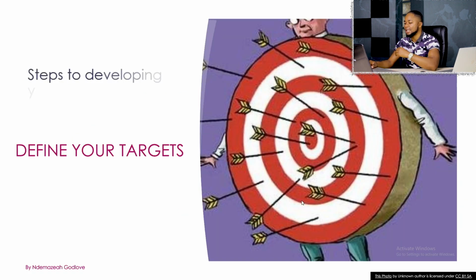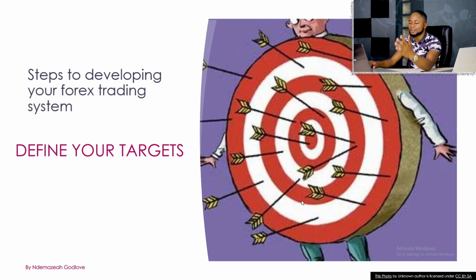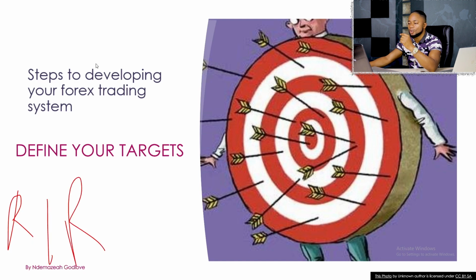Good. Then next thing, you must find tools that will help you identify or define your target. So after you've already defined your entry and exit, define now your target. How many pips are you going for? What is your risk to reward? Talking about target, you are now talking about the risk to reward.